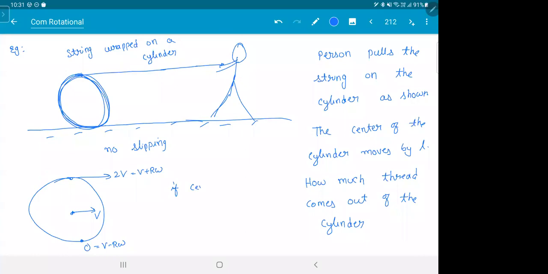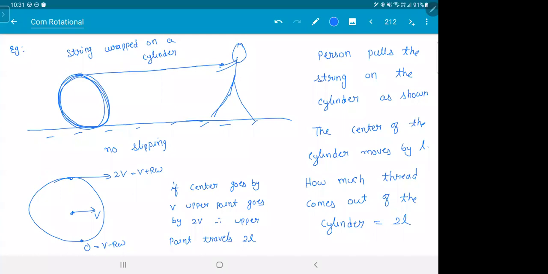If the center goes by V, the upper point goes by 2V. Therefore, the upper point will travel 2L. Therefore, how much string comes out? 2L.